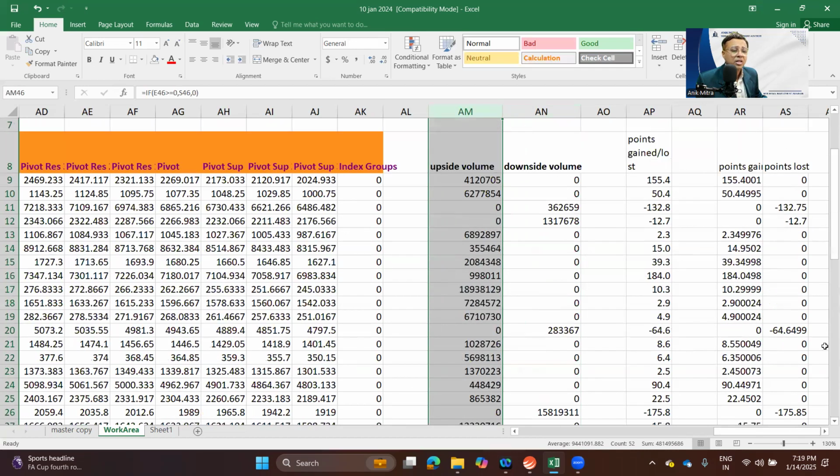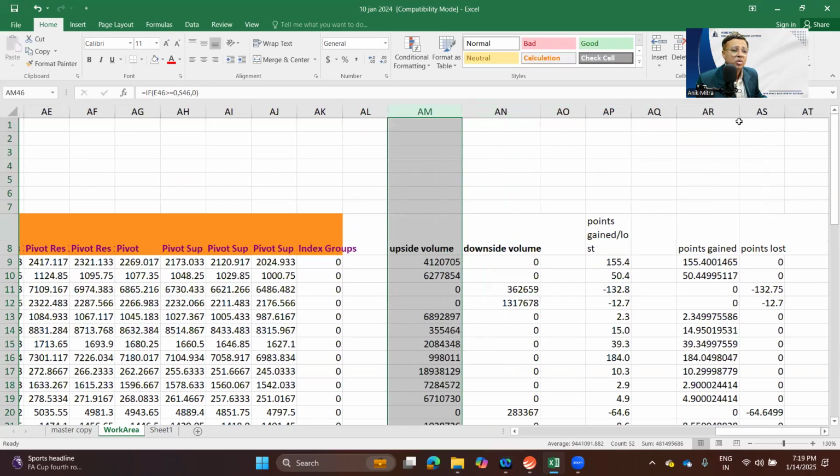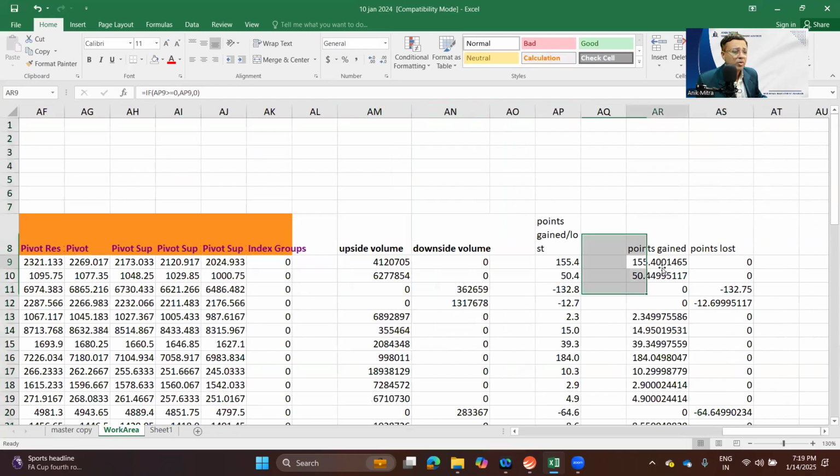One another task we have to do is points gain. We have to calculate points gain and points lost. So here, again, let me rewrite the formula.